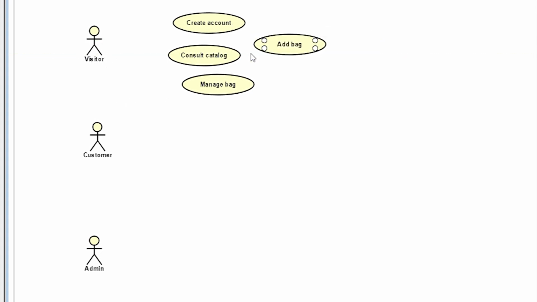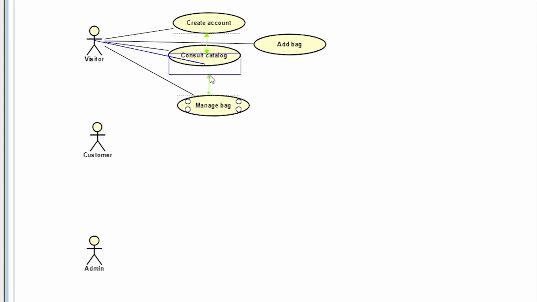Now to do a relation between these use cases and the visitor, as we see, it's done by an association. Association is a relationship that relates actor to a use case. So here we can add our association, so the visitor can create account, add product to bag, consult catalog, or manage his bag.